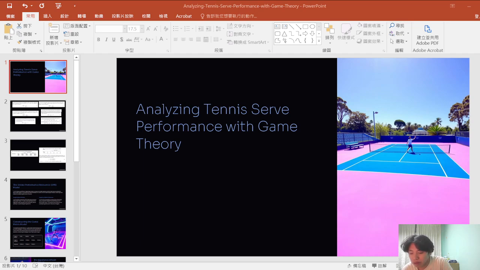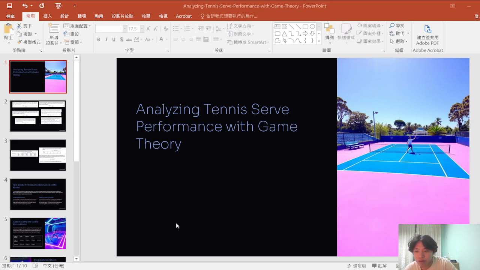So let's talk about the outcome. The analysis from this paper demonstrates the multi-phased role of serve performance in competitive tennis. This study revealed a strong correlation between the SPR index and match outcomes.